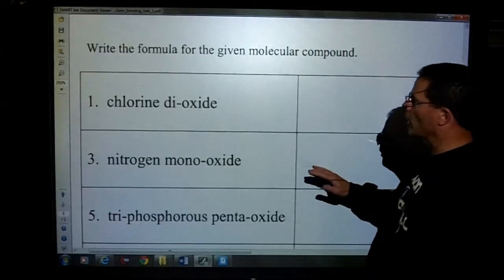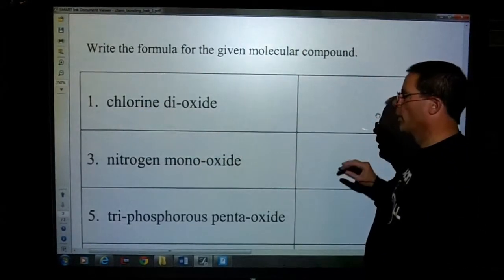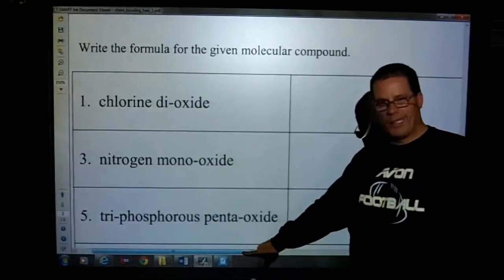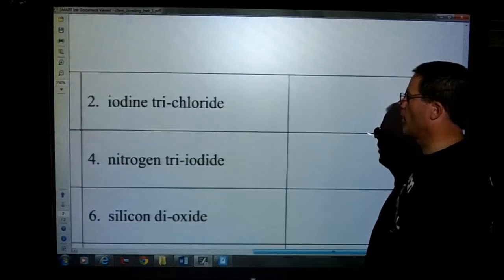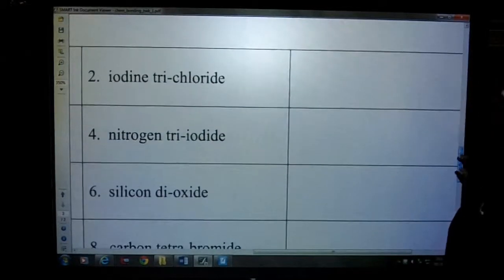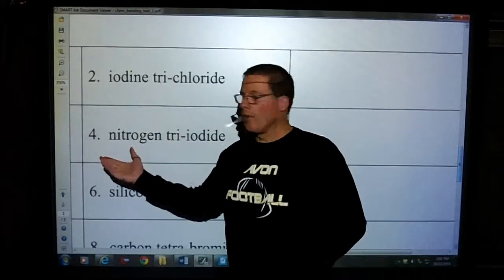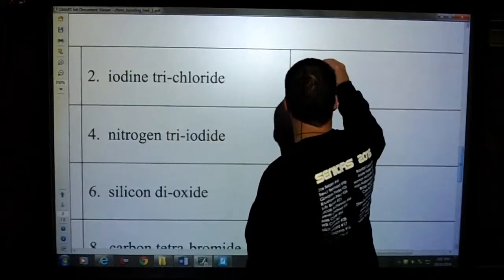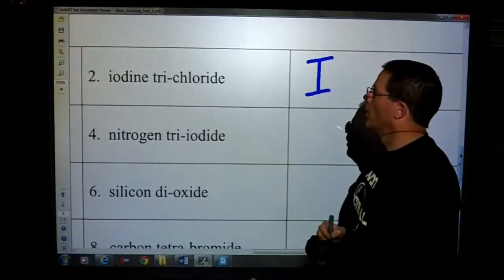Right, so let's take a look at these. And again, it might be a little easier going from the name to the formula. So let's take a look at the evens, and I think this one's numbered a little bit differently here. So it looks like all the evens are on the right-hand side. So iodine trichloride. Notice that there is no Greek prefix in front of the iodine, so we can simply state that we have just an iodine and that there's one of those.